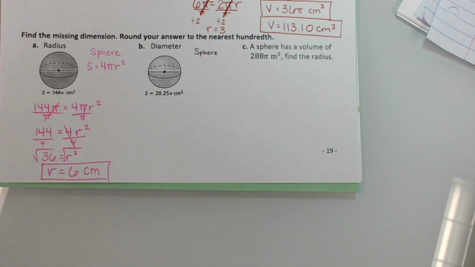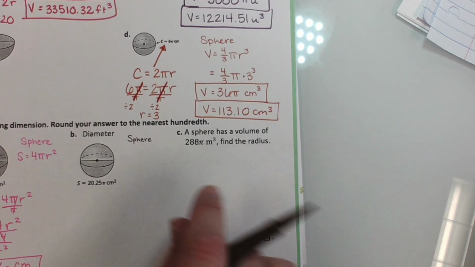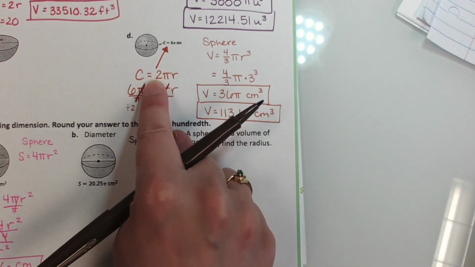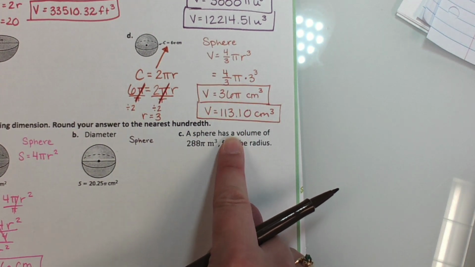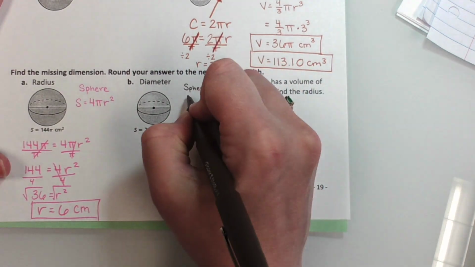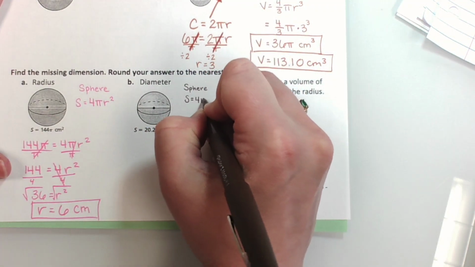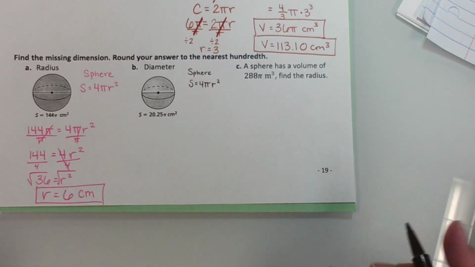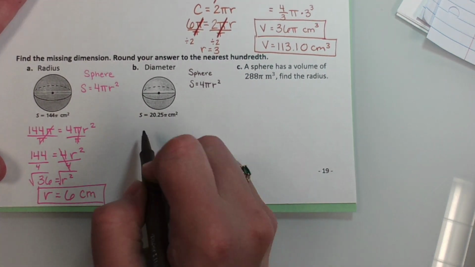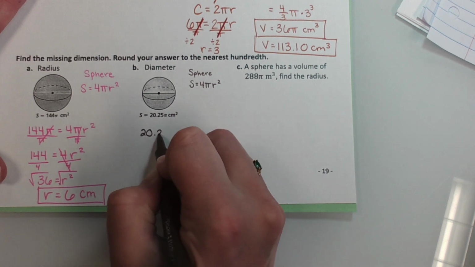Because once I get to whatever it gets me to, I can modify it to go to the correct one. It's just like this. Sometimes I have to solve and work backwards to work forwards. The only sphere surface area formula I have is this one. So that's what I'm going with.